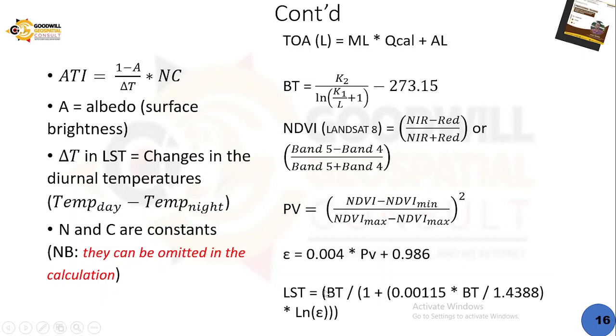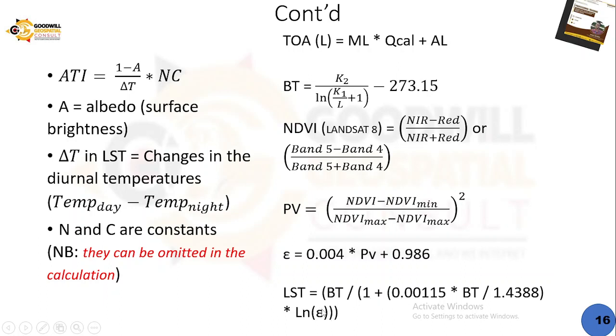The land surface temperature is the brightness temperature all over 1 plus this times the brightness temperature over this times the natural log of the emissivity. So for that, you can calculate the land surface temperature for a respective period. Let's say you take the images in a day, then you calculate its land surface temperature.